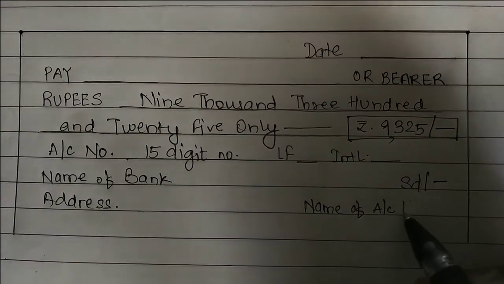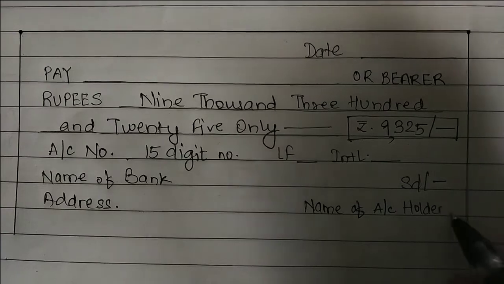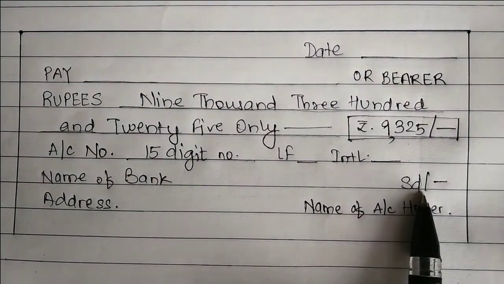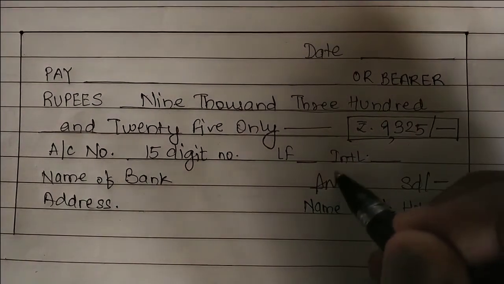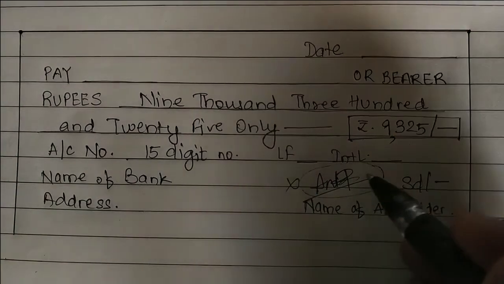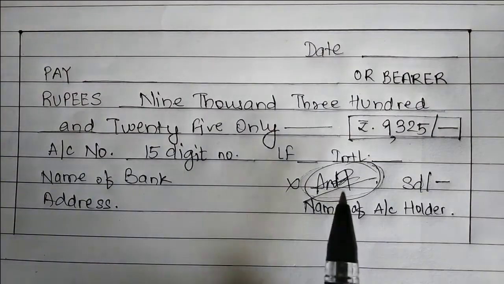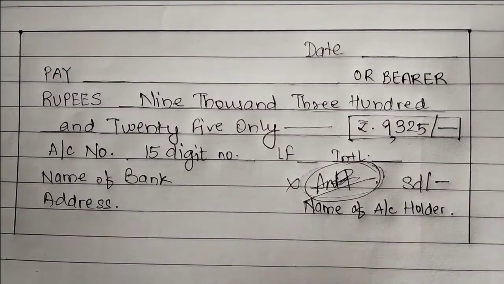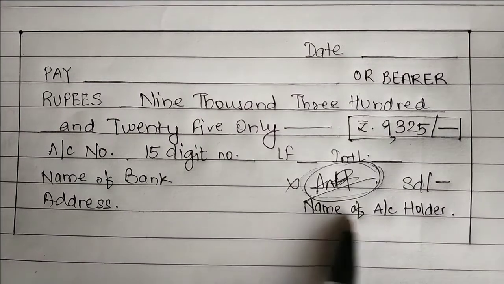Whatever name. And the SD is his signature. You can never do like this, this is not allowed. You are straight away going to write SD. That denotes the signature of the account holder. And this is the name of the account holder.